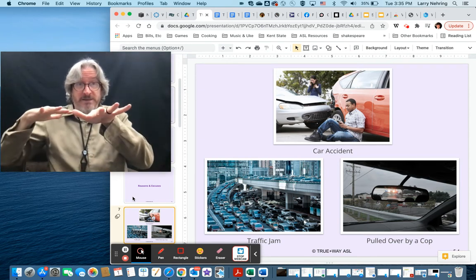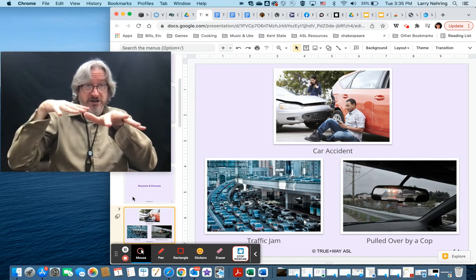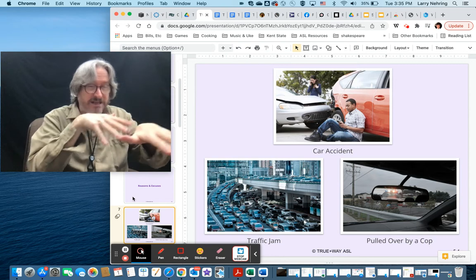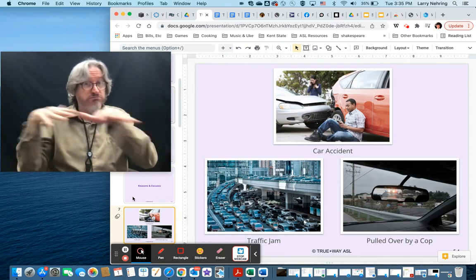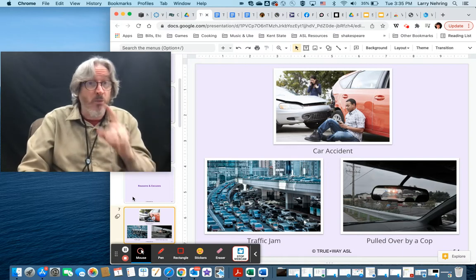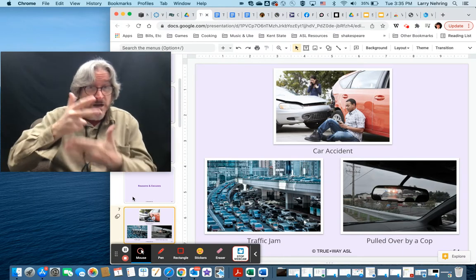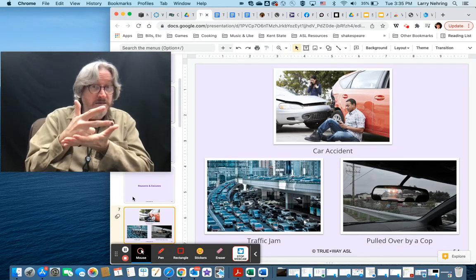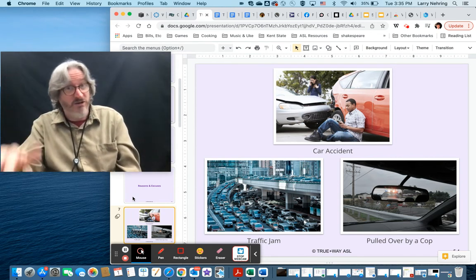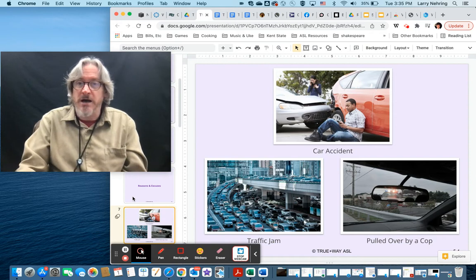Traffic jam. Imagine these are all cars and everyone's caught in their lanes, right? It's like a slow moving river. Here at KSU, parking lot. So parking lot, you were circling the parking lot. We all experienced that, right?